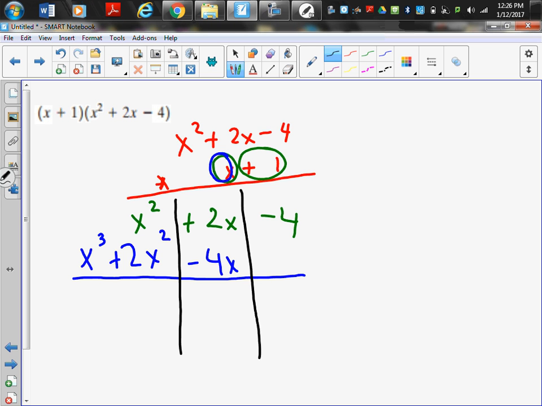That's just like we did yesterday with our addition. So negative 4 plus 0, negative 4. Negative 4x plus 2x, negative 2x. 2x squared plus 1x squared, 3x squared, x cubed.